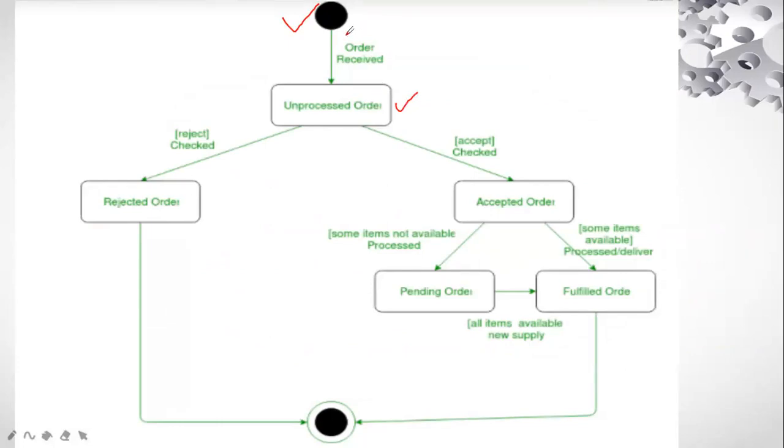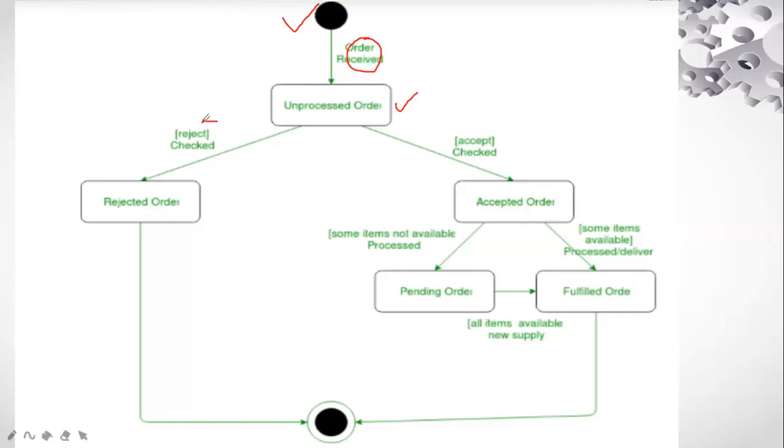Now how has this state of the unprocessed order been changed? It is due to an event, that is, order is received. So order received is an event due to which the change in the state is done. Further, if we are not taking this order, if there is a timeout, let's say the order is coming at 12 o'clock in the night and we are almost closed, we are not taking it.